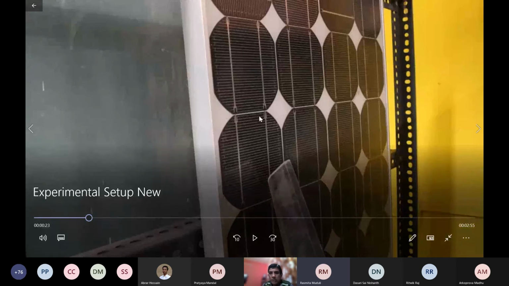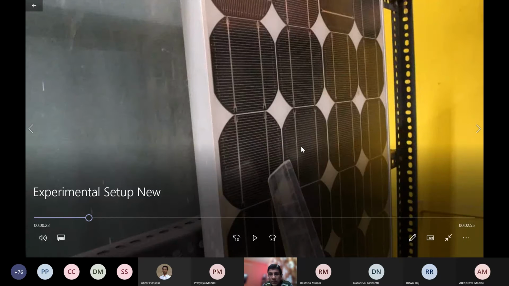Fine. So this is the solar panel, one panel, and this is one cell. You can see there are 4 cells in each row, right? 4, 4, 4, 4 like this. This is the old panel design, of low power rating, and you can see there are horizontal white lines on each cell, right?